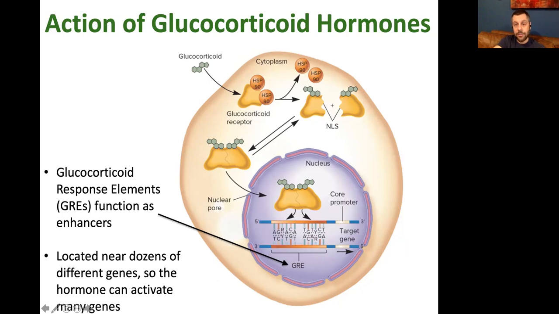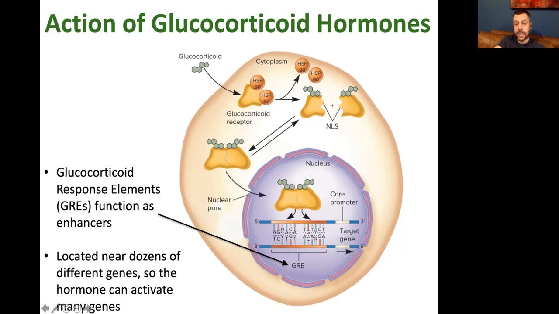And when they fall off, they cause a dimerization of two glucocorticoid receptors. When this happens, so here we have now a dimer that's been formed, this guy moves into the nucleus and actually acts like a transcription factor.